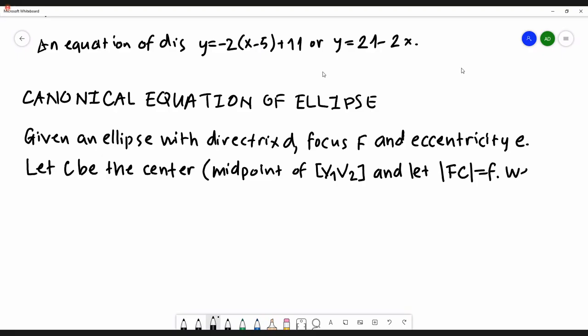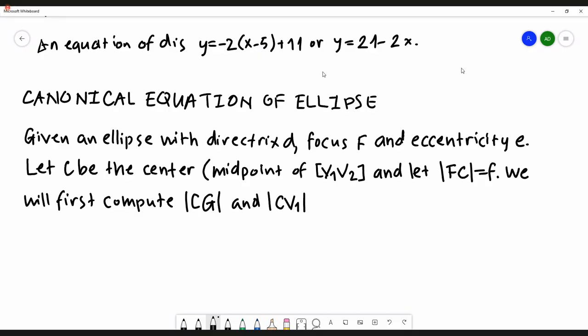Okay, now we call the distance between center and focus F. Now we will first compute the quantities, namely the distance of center to point G and the distance between center and V1. Of course, this is as well equal to CV2 because C is the midpoint of V1, V2. Now we will first compute these distances in terms of F and E.